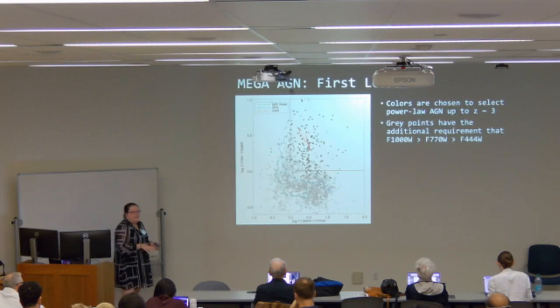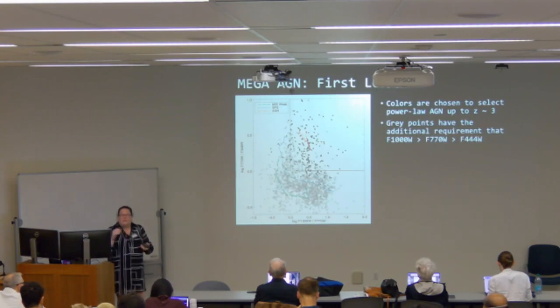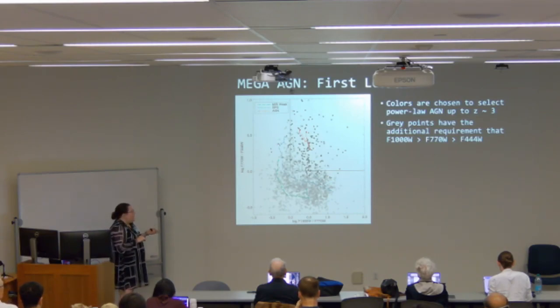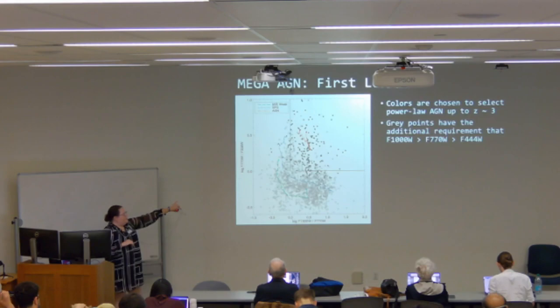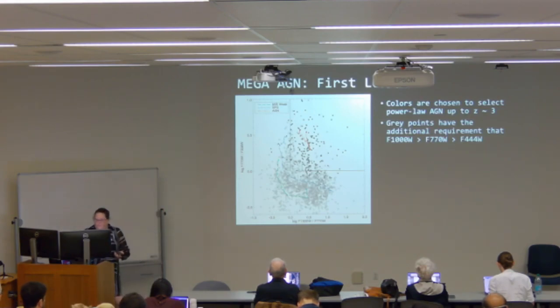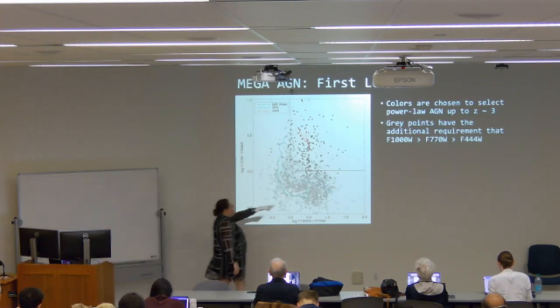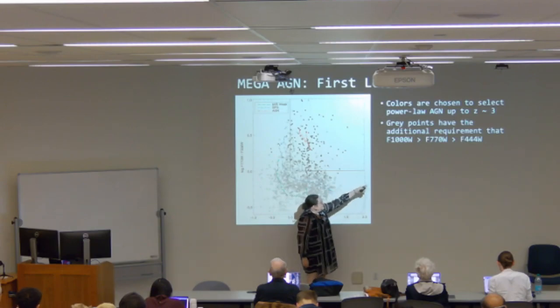Now, one of the other things that we found, now that we have all these very closely spaced filters, is that you can actually mimic a power law from PAH features alone if you don't know precisely what redshift you're at. So I had an additional requirement to see which ones are really power laws by also requiring your 10 micron to be greater than your 770 to be greater than your 444. And again, you can see some of the sources that are power law in that requirement.